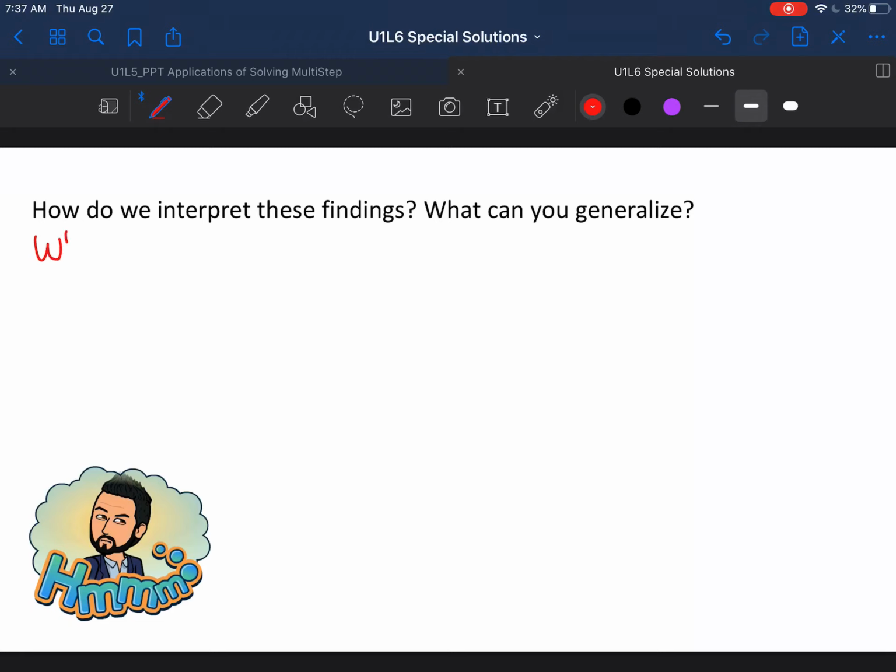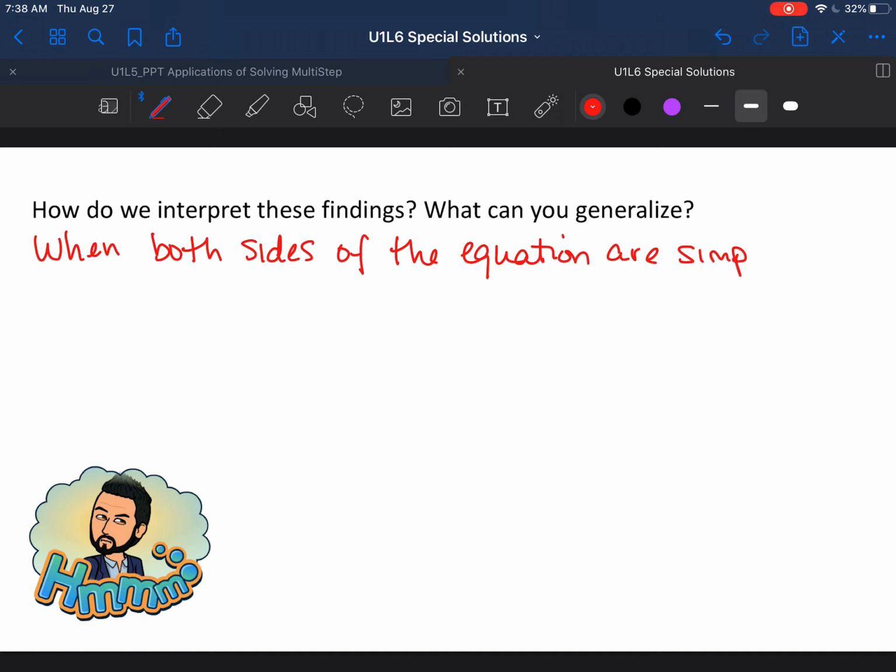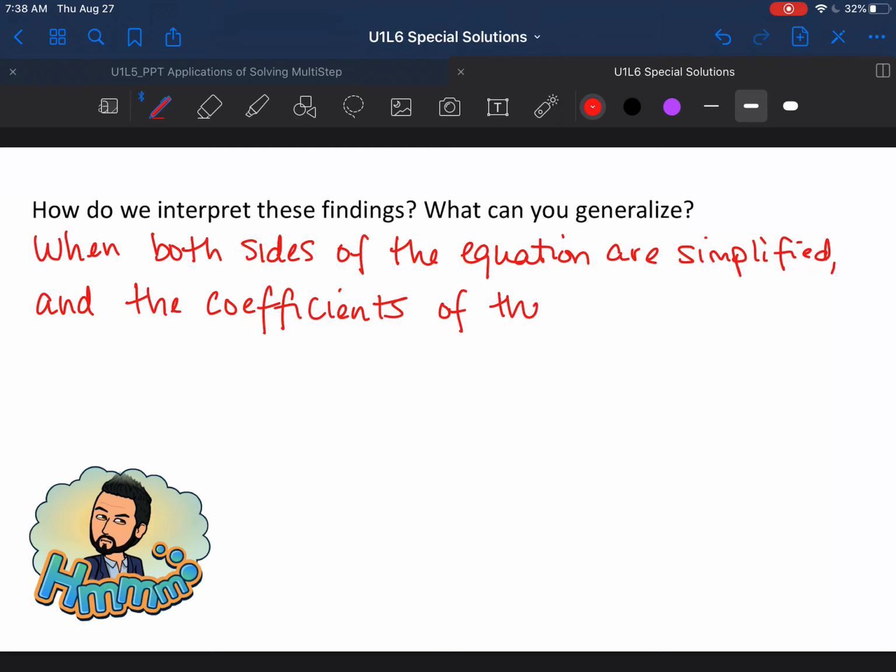And this happens when both sides of the equation are simplified, and the coefficients of the variable are the same.